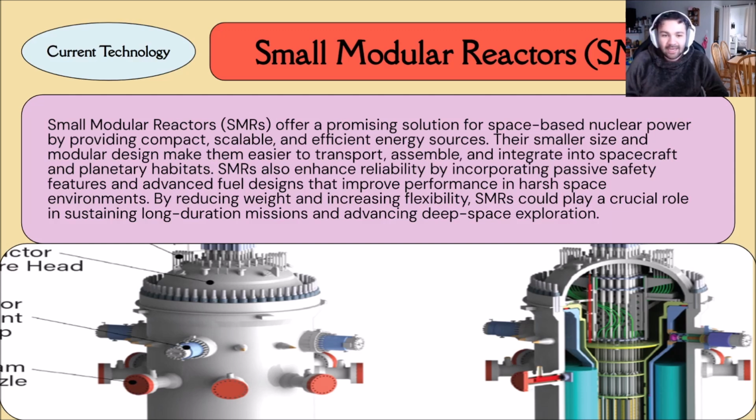Their small size and modular design may make them easier to transport, assemble, and integrate into spacecraft and planetary habitats. SMRs also enhance reliability by incorporating passive safety features and advanced fuel design, and improve performance in hard space environments by reducing weight and increasing flexibility. SMRs could play a critical role in sustaining long-duration missions and advanced deep space exploration.